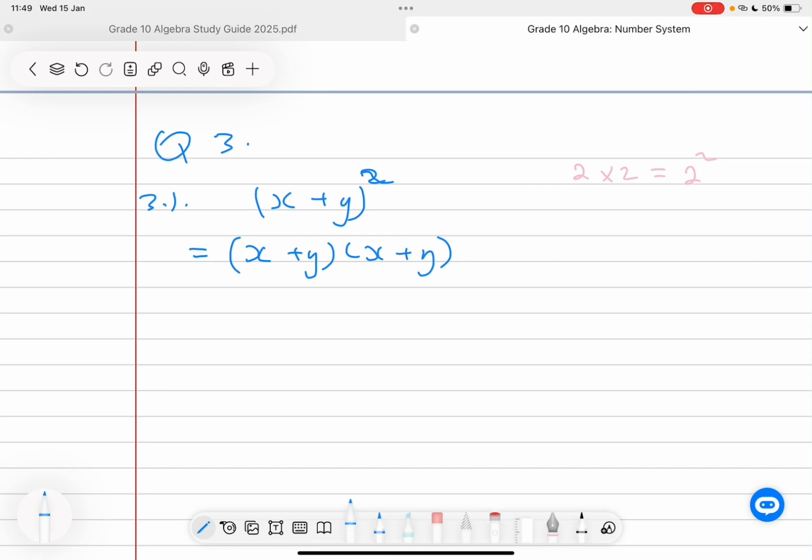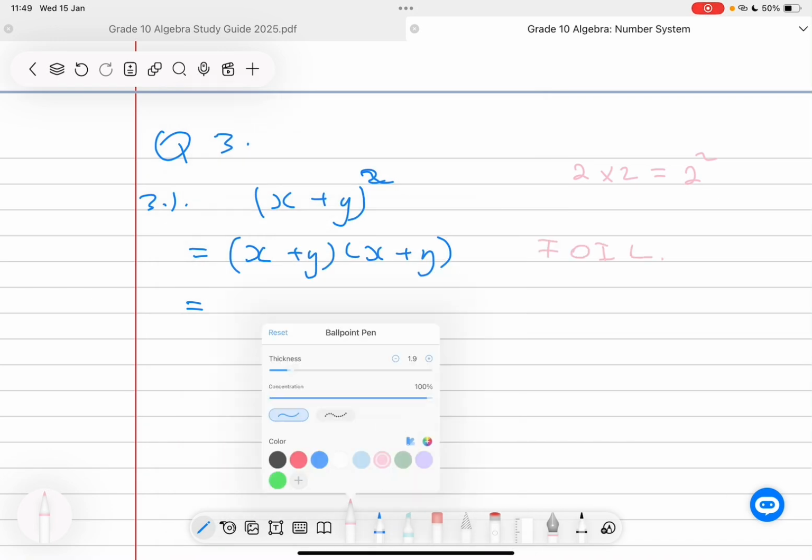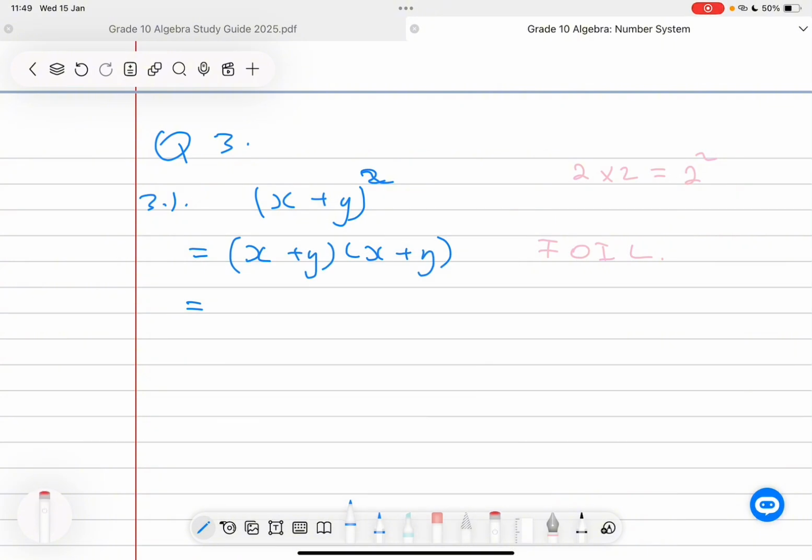And already we learned from question 2 that we can use the FOIL method, where we multiply the first term and the first term in these 2 binomials. So x times x would give me x squared.